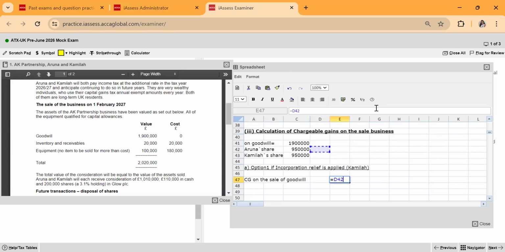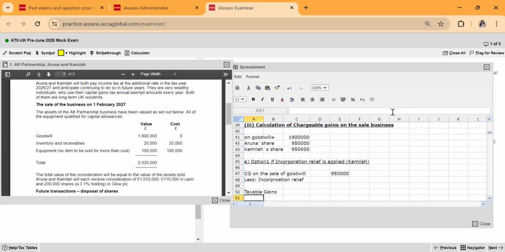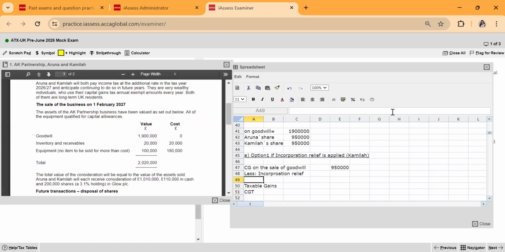Please do the linking as much as possible. 950,000, this is the chargeable gain on goodwill. Now we will deduct the relief, the incorporation relief, as a calculation, and then I will have taxable gains, because the AEA is fully used, as the question has mentioned. Then you will have CGT at the rate that I will discuss. Let's calculate incorporation relief first.